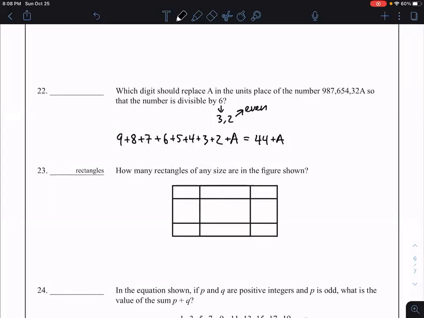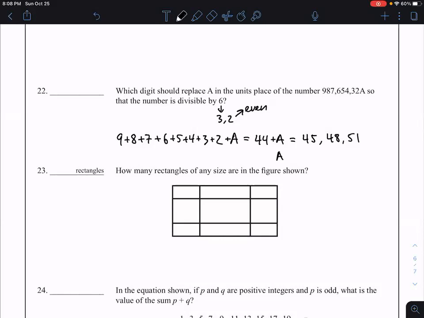And so this value, 44 plus A, can be equal to either 45, 48, or 51. And all of these numbers are multiples of 3. They're all divisible by 3.